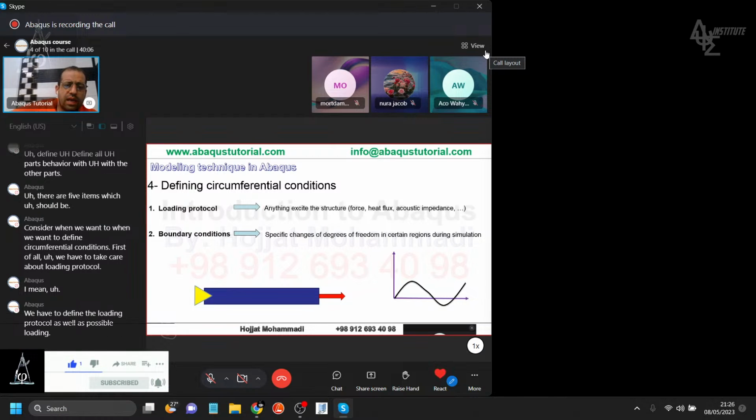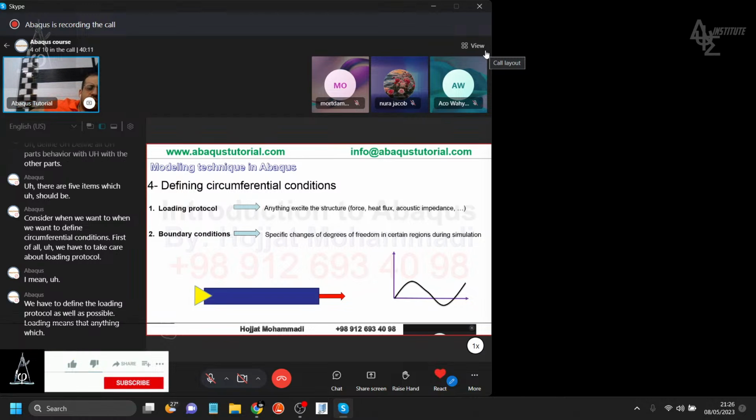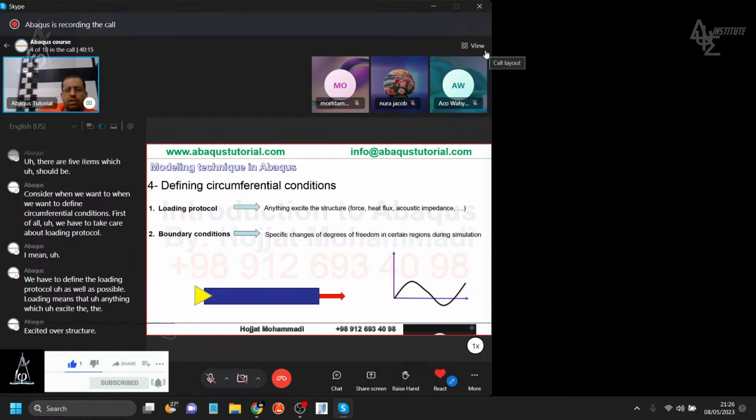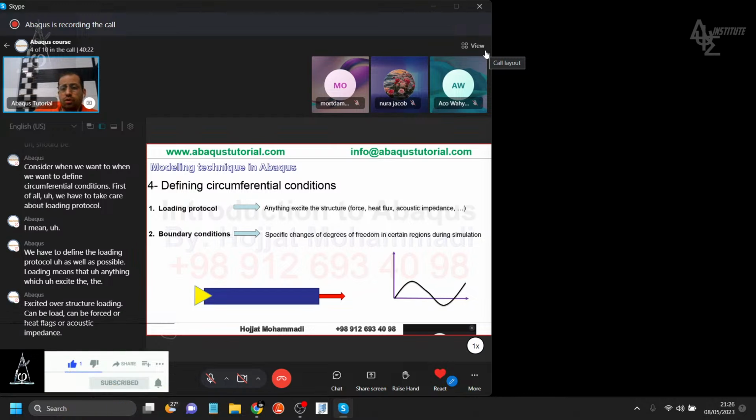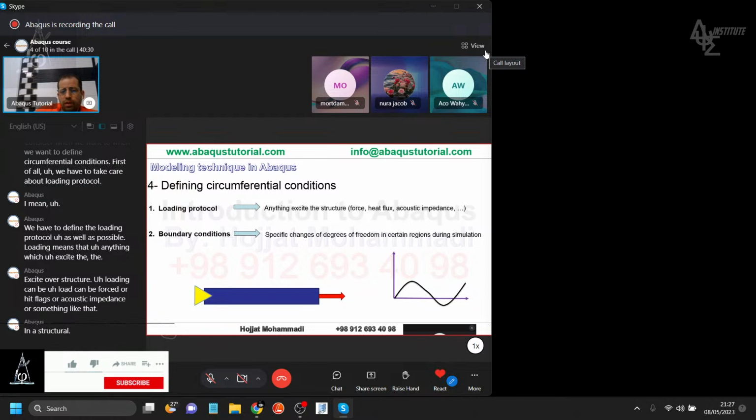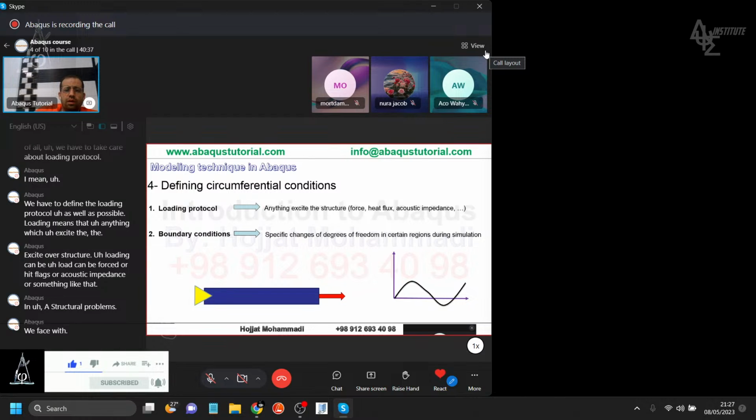Loading means anything which excites our structure. Loading can be force or heat flux or acoustic impedance or something like that. In structural problems, we face many forms of force as the loading.